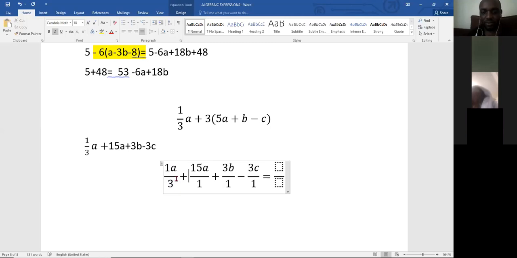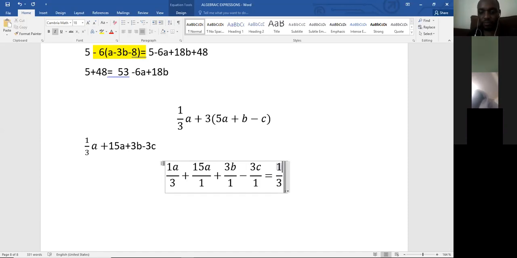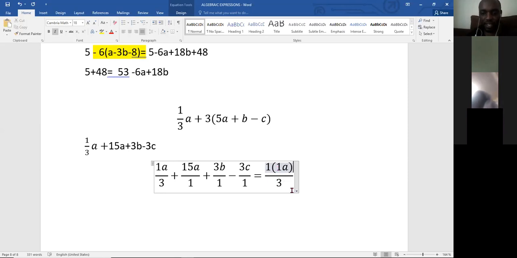Yes. So I come all the way and then I see the denominator. Sorry, what is the LCM of 3 and 1 and 1 and 1? The LCM is 3. So 3 divided by 3 is 1. 1 times 1a here. Then 3 divided by 1 is 3.